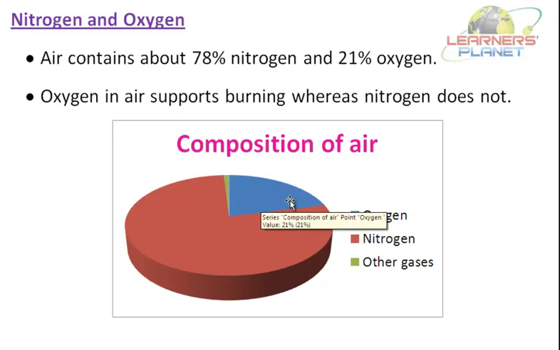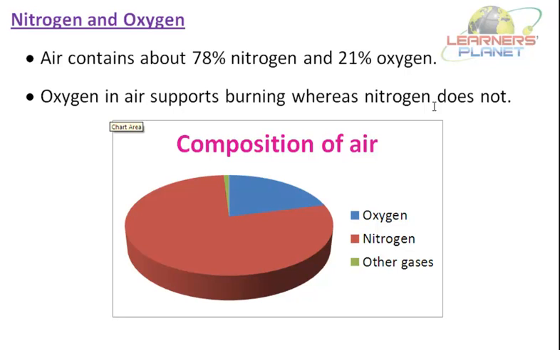The blue color indicates the percentage of oxygen in the atmosphere, and the remaining gases are 1%. So students, air contains about 78% of nitrogen and 21% of oxygen. And you will be very amazed to know that oxygen in air supports burning, whereas nitrogen does not.